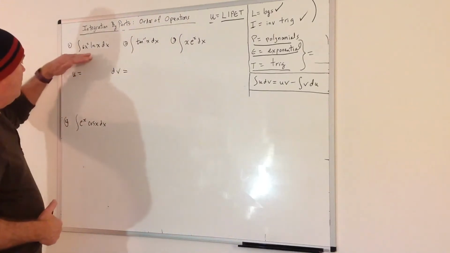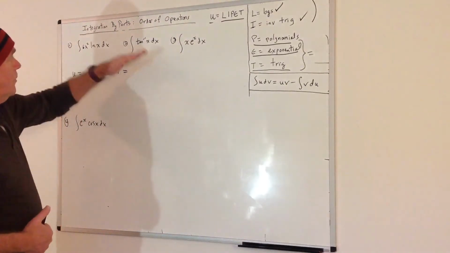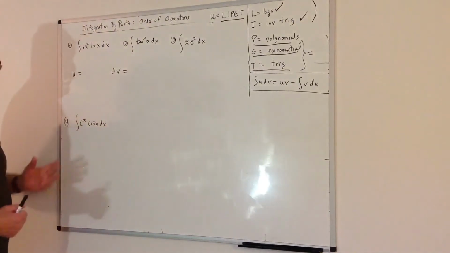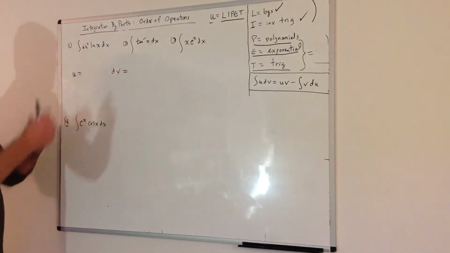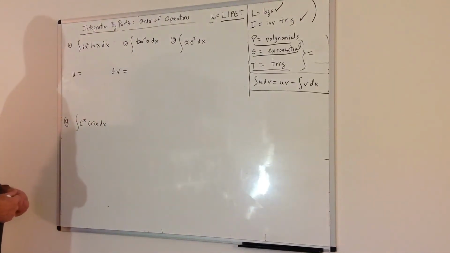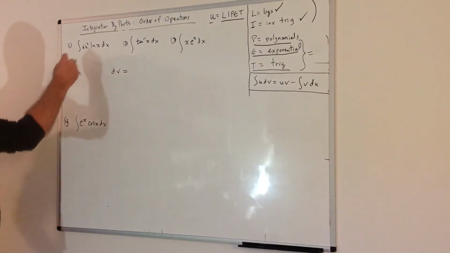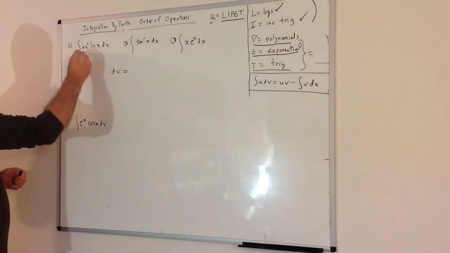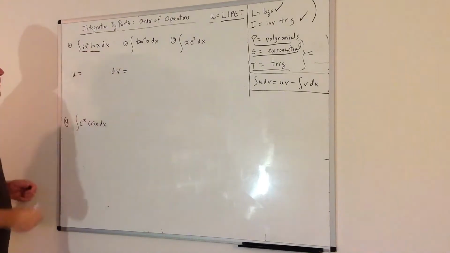So I have 4 problems here, 1, 2, 3, and 4, and we're going to do each of those by using this rubric. So for starters, the first one we're looking at is we have a polynomial and we have a logarithm, natural log.